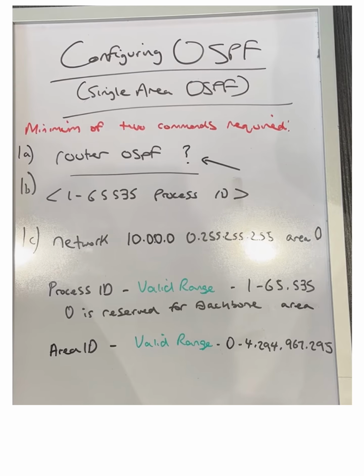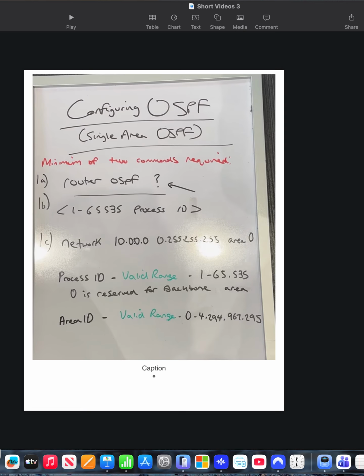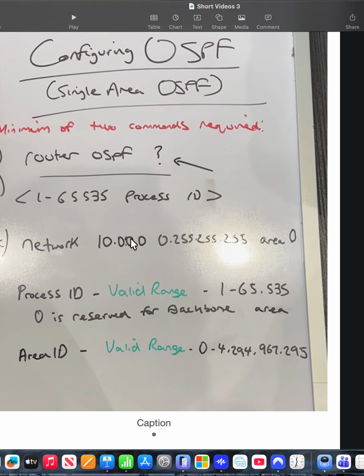So what this is all about here is network 10.0.0.0 0.255.255.255. What that actually means is, this 0 means match.